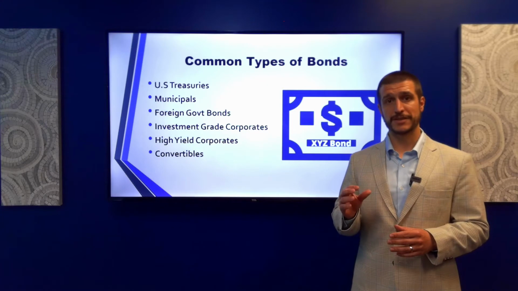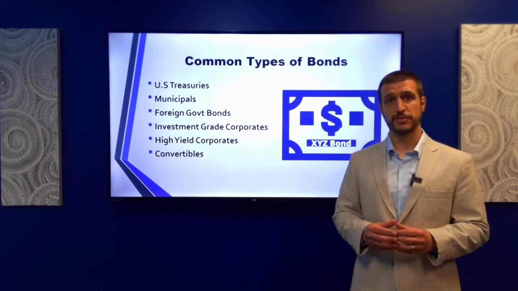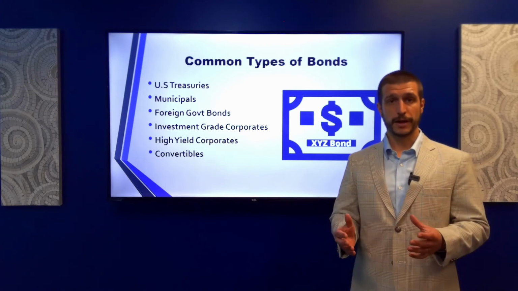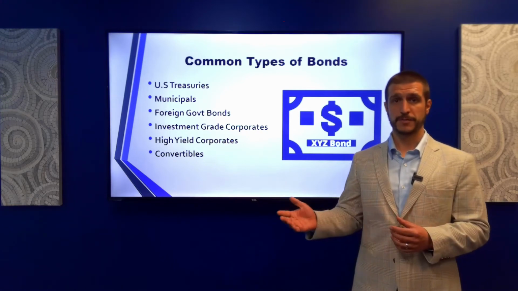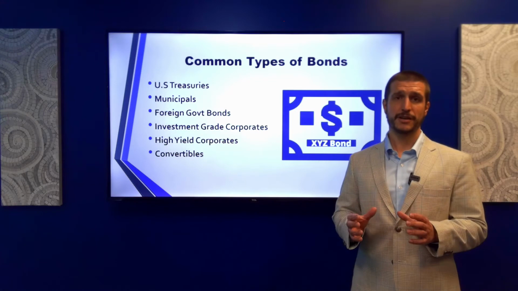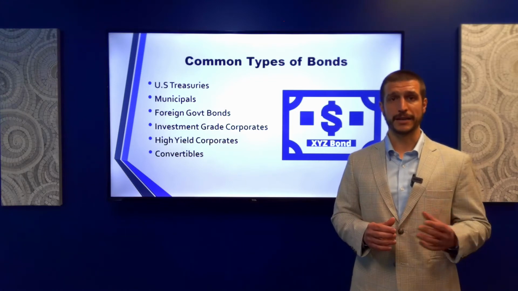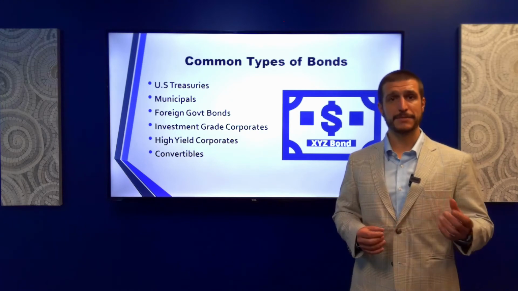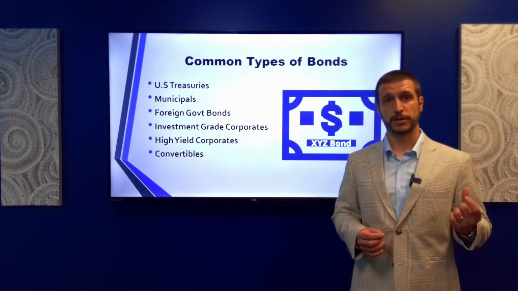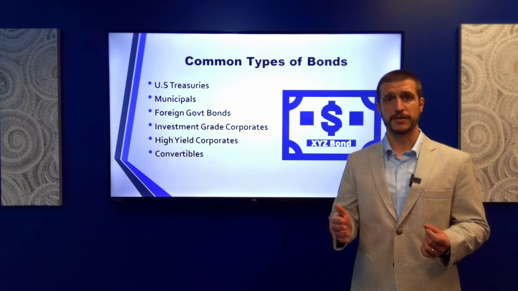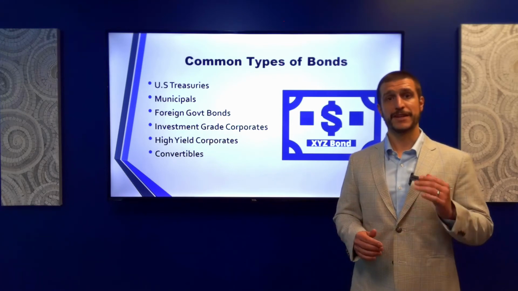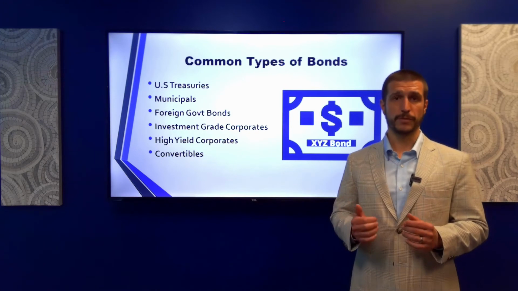In exchange for investing in municipal bonds, investors do get exposure to some tax advantage benefits. Foreign governments also need to raise capital for various purposes, and the range here in terms of credit risk can vary widely. So you could have a very credit-worthy foreign government, or you could have perhaps an emerging economy with much more credit risk. So there's a spectrum there to be aware of. We're moving on to the corporate bonds. We have investment grade and we have high yield corporate bonds.